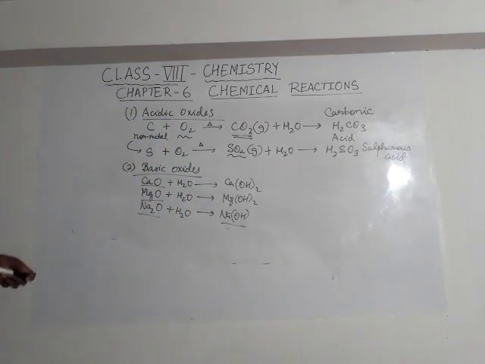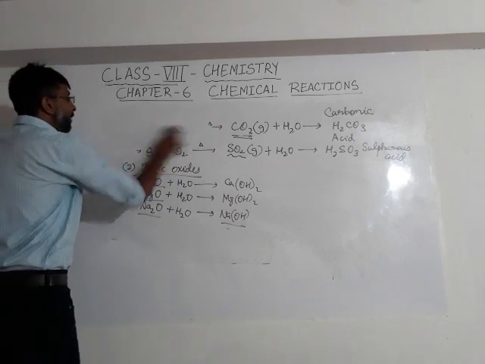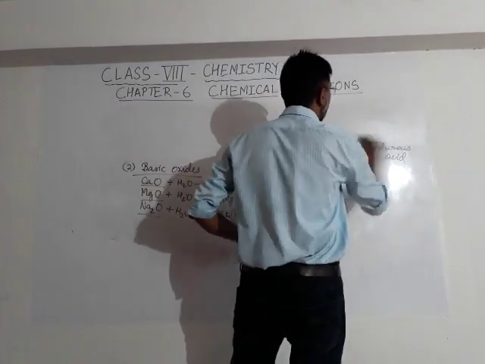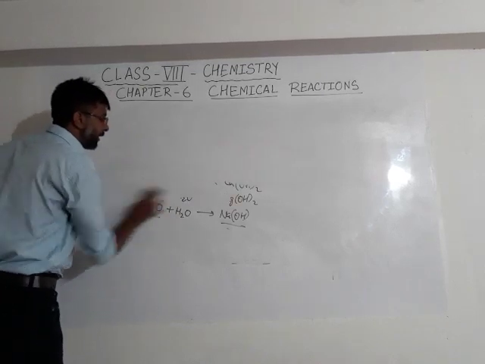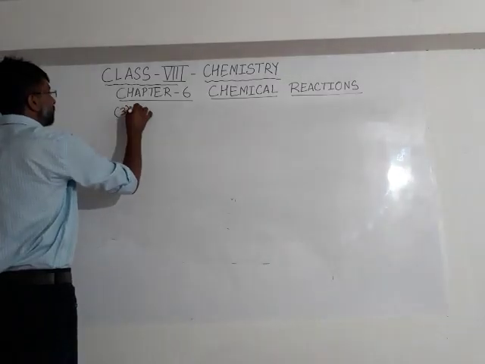The next type of oxide, number three, is amphoteric oxides. There are many examples, but one good one is zinc oxide. Now, what are amphoteric oxides?